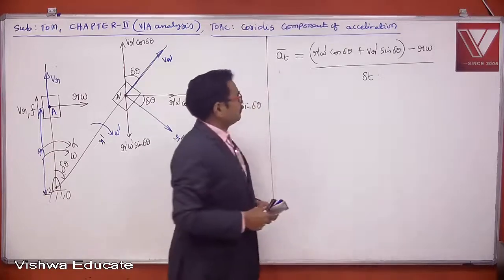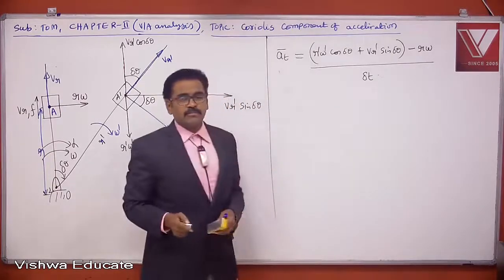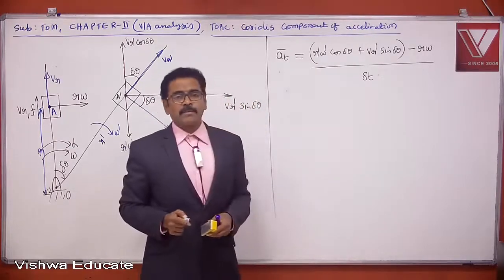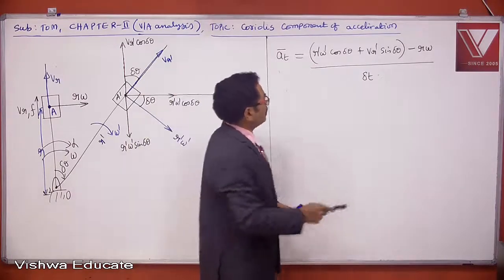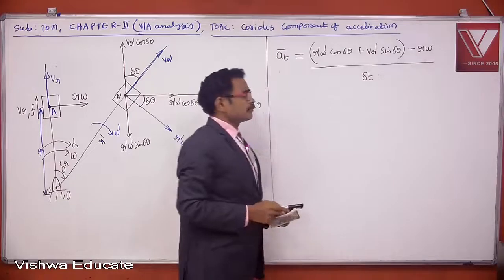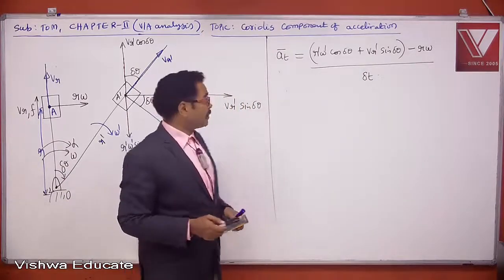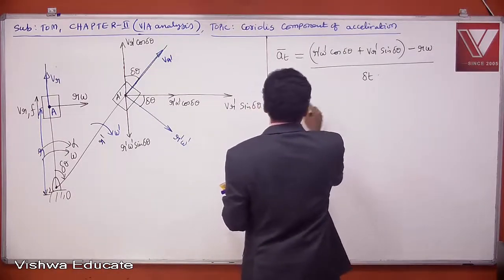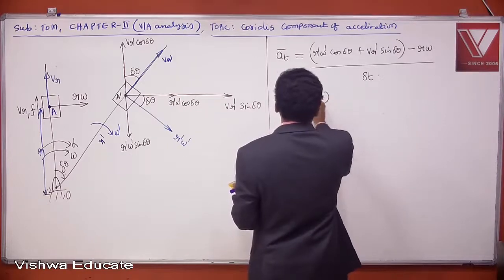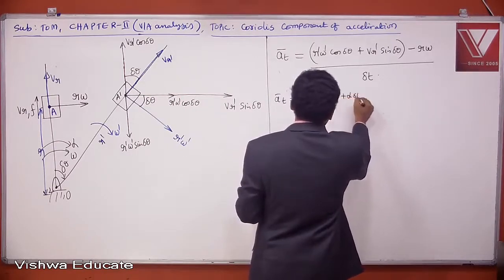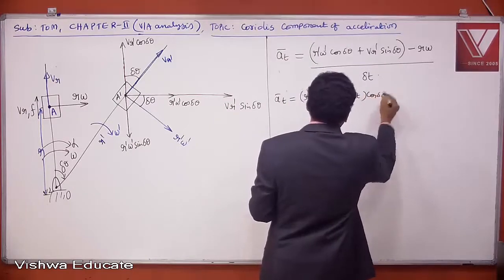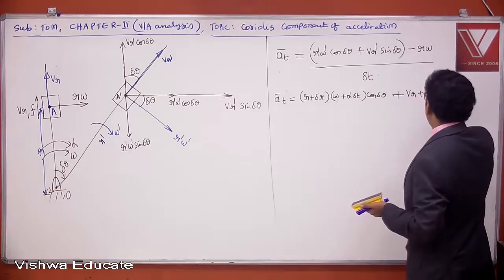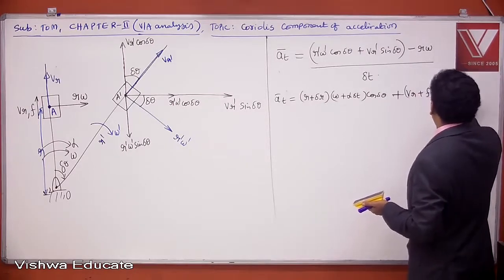So in this expression, in place of r dash, you have to put r plus delta r. In place of omega dash, you have to put omega plus alpha into delta t. Similarly, in place of VR dash, you have to put VR plus f into delta t. Let me write it. So AT bar is equal to (r plus delta r) into (omega plus alpha into delta t) cos delta theta plus (VR plus f into delta t) sin delta theta.